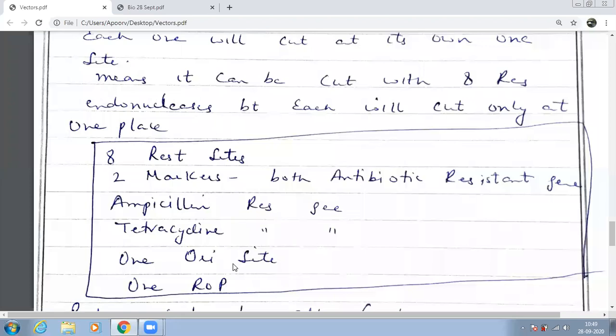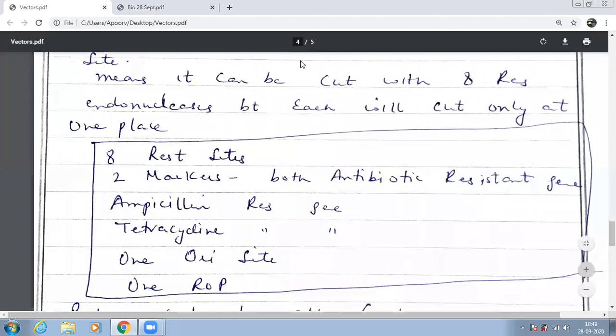How many ORI sites? 1 origin. And how many ROP? 1. If you remember, these 4 things were in the small circle that I drew. The markers, the ORI site and the ROP were in the small circle, and these 8 restriction sites were in the bigger circle.